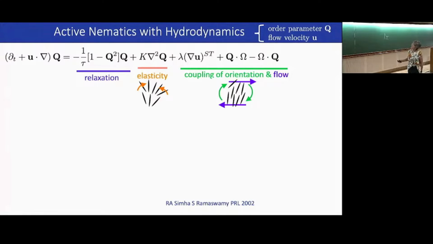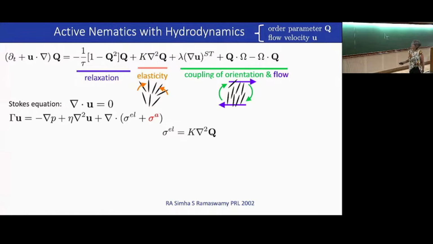The order parameter relaxes through a free energy, and it can be rotated by shear flows and by vorticity. We also have a stiffness due to elasticity. The system is essentially overdamped.